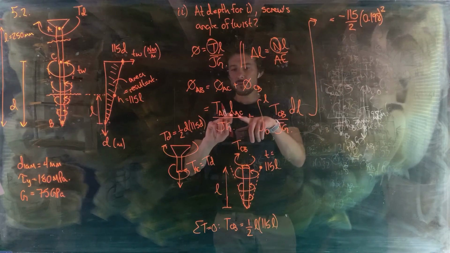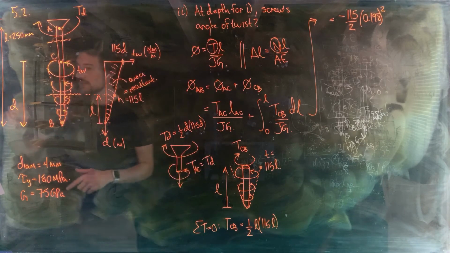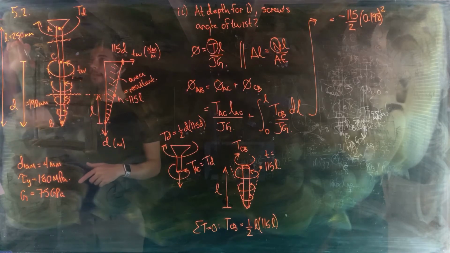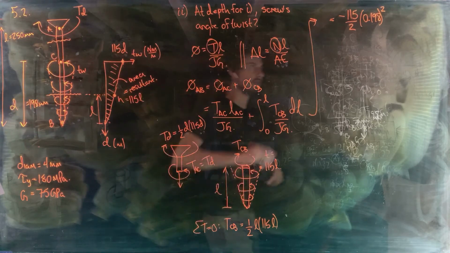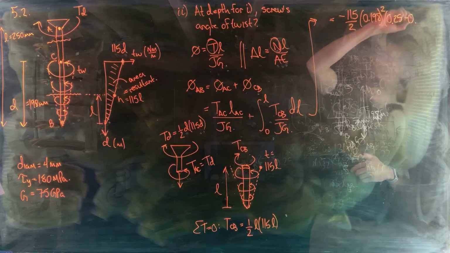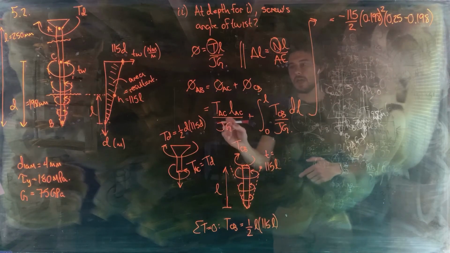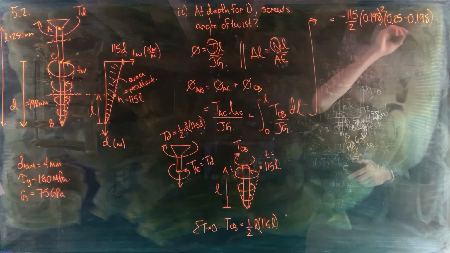Okay, and then we put in LAC, so that's just the length of segment AC. So the depth now is equal to 198 millimeters. So that means we're taking the difference between 250 and 198 to get the length of AC. So we've got 0.25 minus 0.198 there. And then we're dividing by JG.